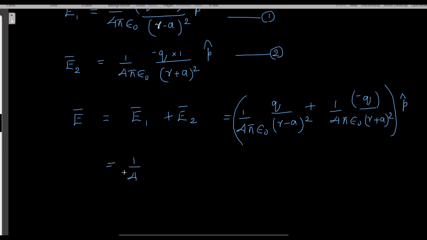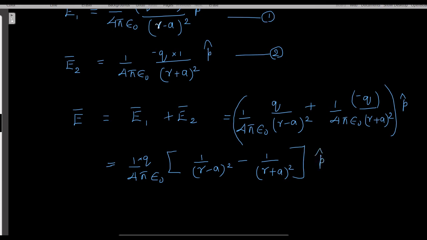By solving we get 1 by 4 pi epsilon naught into, Q also can be taken out, 1 by (R minus a) whole square minus 1 by (R plus a) whole square.